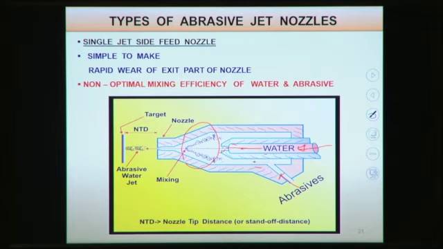In this mixing chamber, the high velocity water jet along with the abrasive particles is mixed, and then it comes outside through this nozzle.